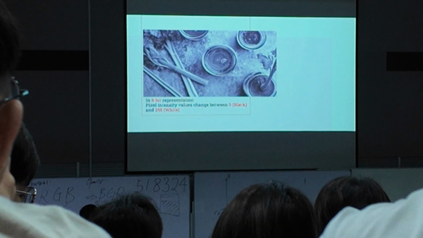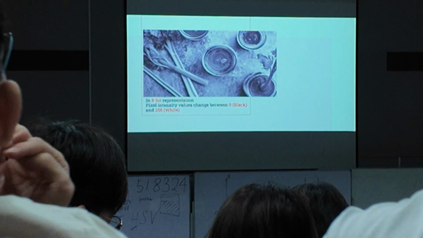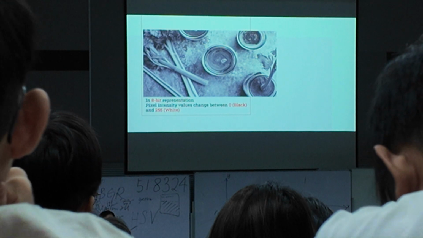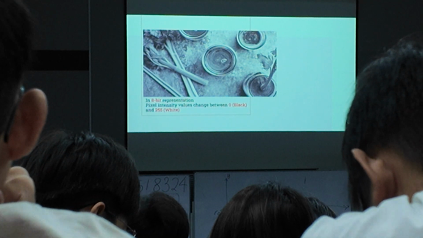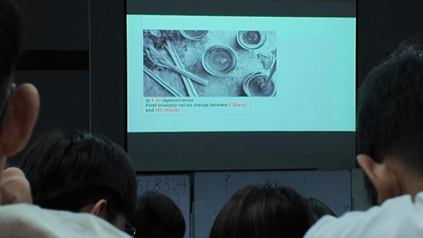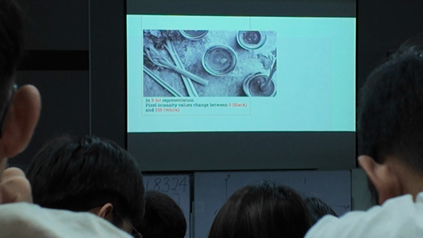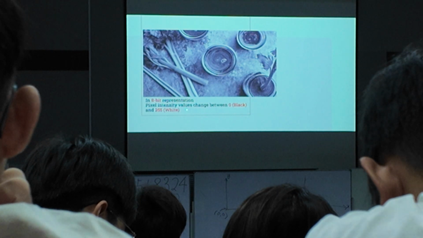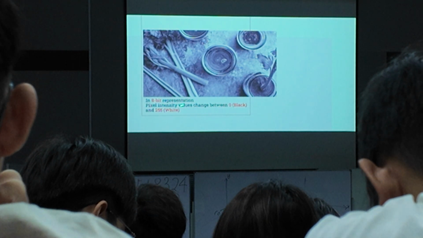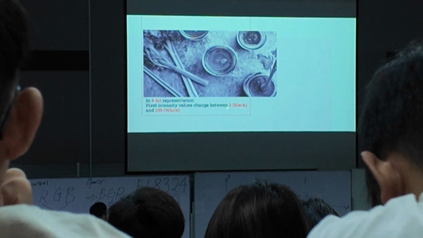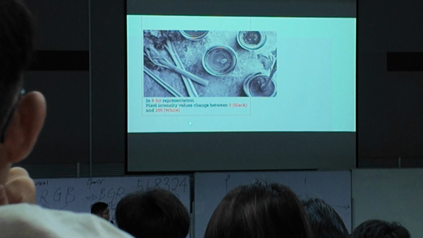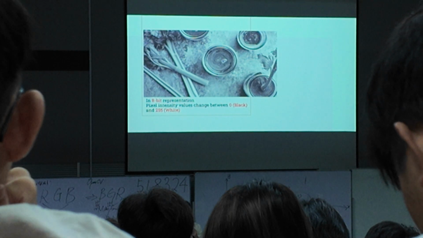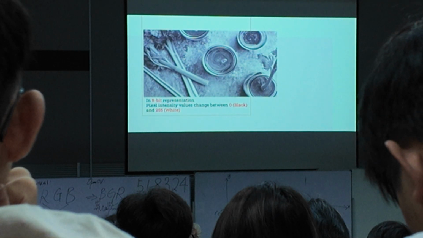Proceed. Let's say this image is an 8-bit representation. I can tell you that almost every single year, I'm referring to the final examinations, this question comes out. In 8-bit representation, the pixel intensity value changes between 0 to 255. 0 is the black color, 255 is the white color. So the formula involved here is 2 to the power of n.